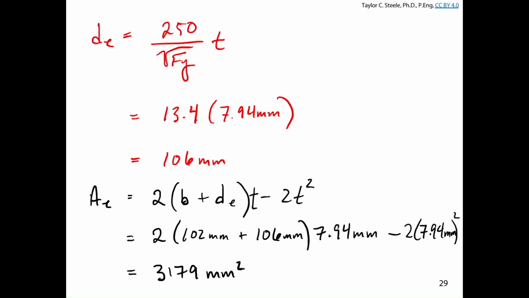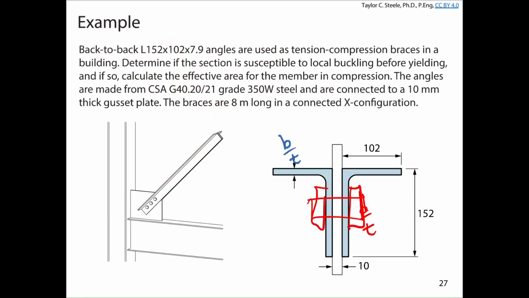Now, it might be useful to tell you, for a single angle in our example, one angle on its own has an area of 1,950 millimeters squared.